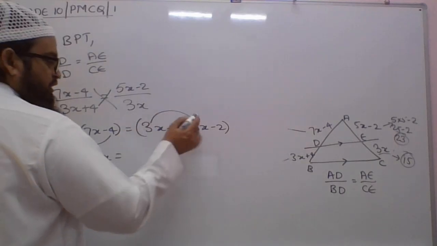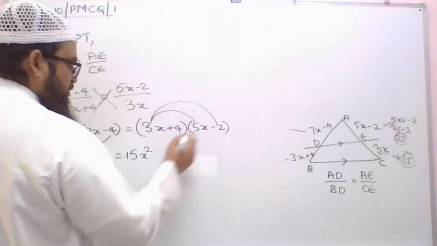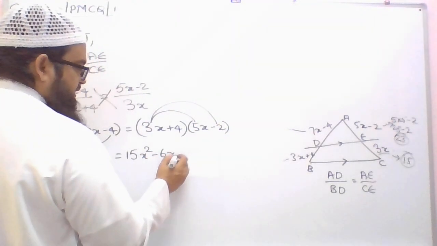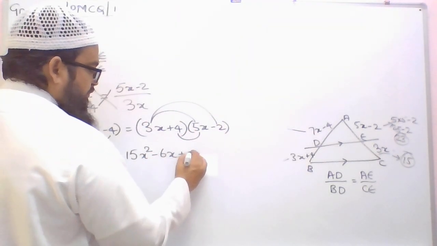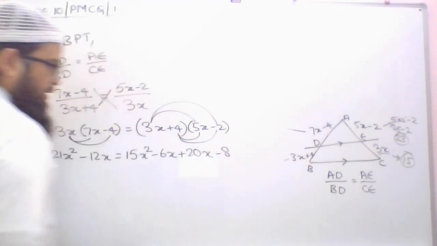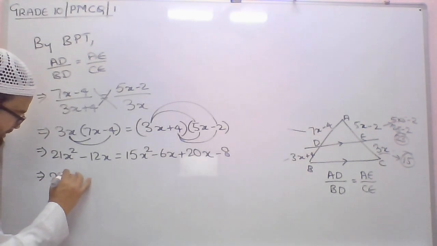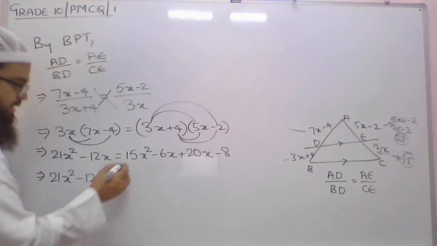And now 3x into 5x, 15x square. 3x into minus 2, minus 6x. Plus 4 into 5, 20x. Plus 4 into minus 2, minus 8. So that is equal to 21x square minus 12x.